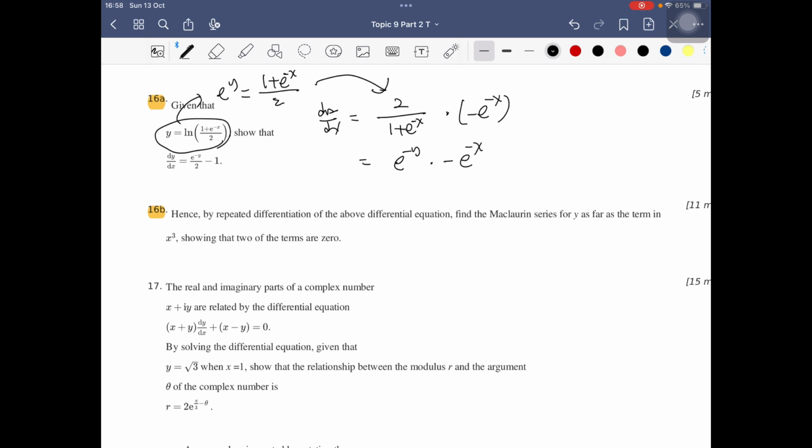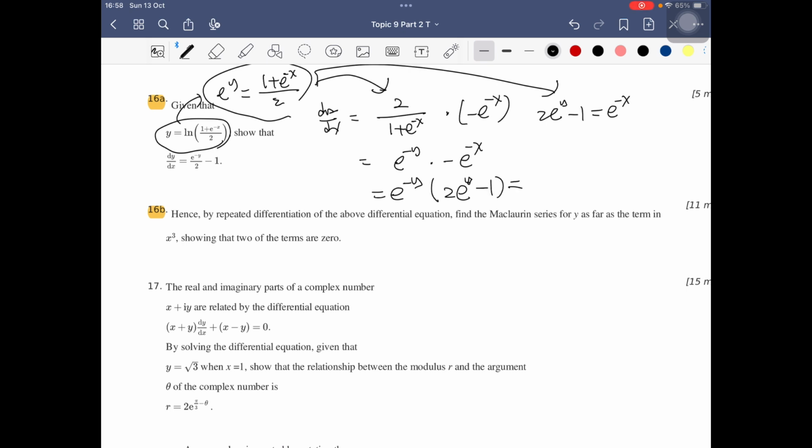Am I correct? But there is no e to the power of negative x, so I need to make changes from here. 2 e to the power of y minus 1 is e to the power of negative x. So e to the power of negative y, 2 e to the power of y minus 1. So this is 2 minus e to the power of negative y, which is not the same.